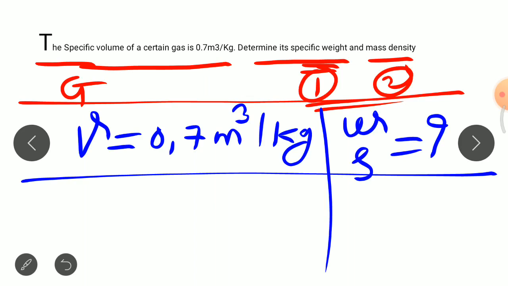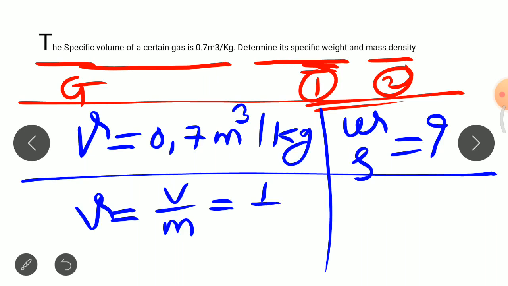Okay, now we will solve one by one. First of all, we know that formula for specific volume is equal to volume upon mass, and we write it as 1 upon rho also, because rho is nothing but mass per unit volume, that is inverse of specific volume.